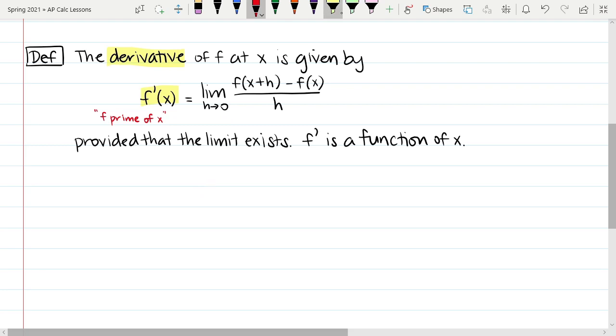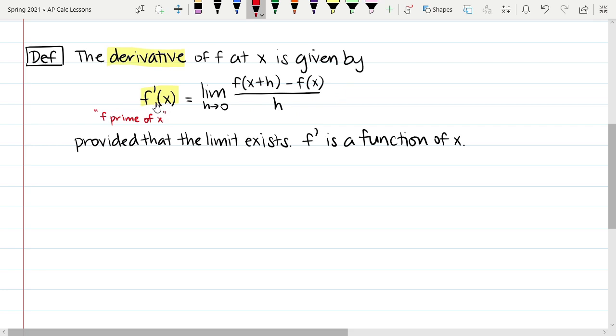You do need to make sure you've memorized this limit here. Okay, so the derivative, which gives us the slope of the tangent line, is f prime of x equals the limit of the difference quotient as h approaches 0, provided that the limit exists.